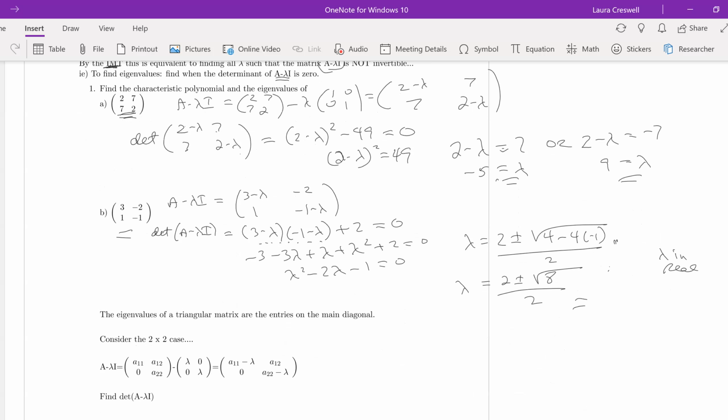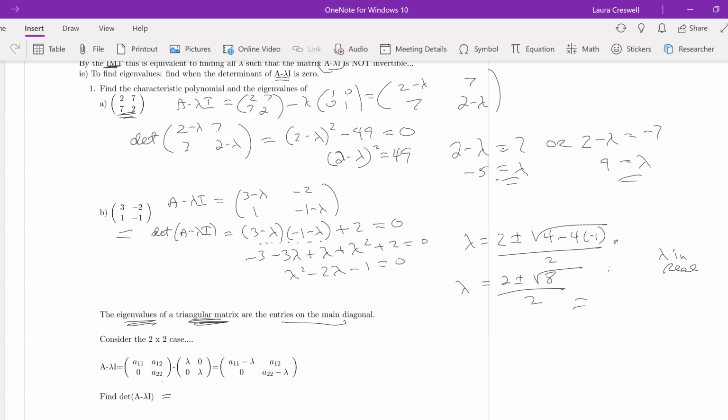All right, so here the eigenvalues of a triangular matrix are on the diagonal. So let's think about it. Triangular matrix, let me just do it with the 2 by 2 case because it's a little easier. So if I had zeros here, right, so these are the entries on the diagonal. If I did A minus lambda I, I would get this.